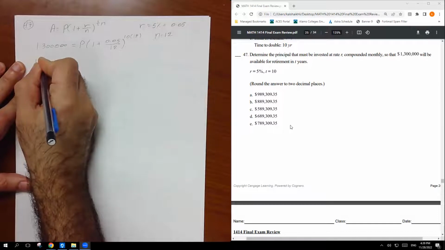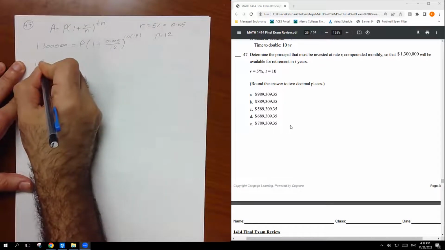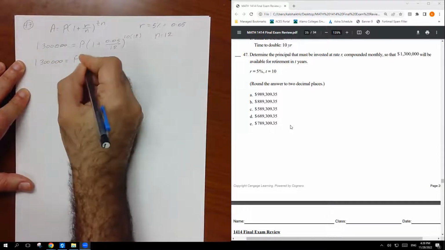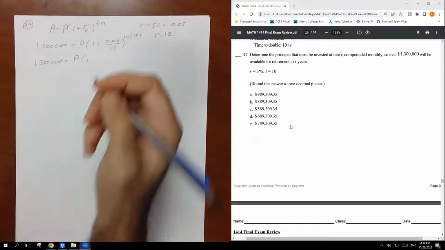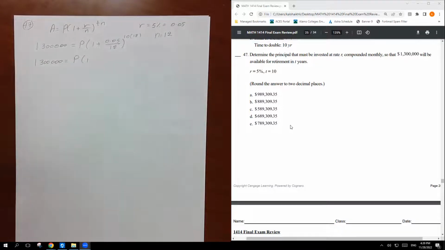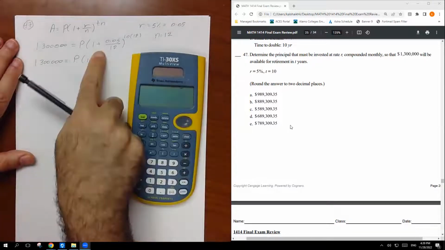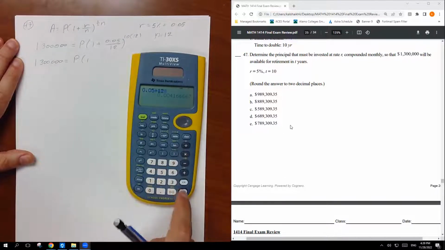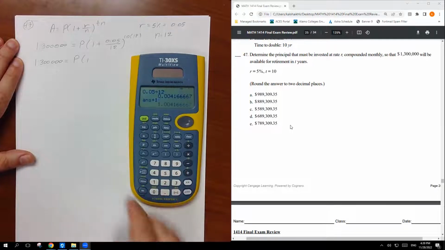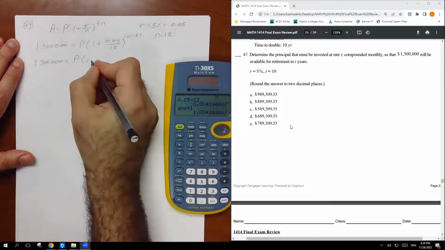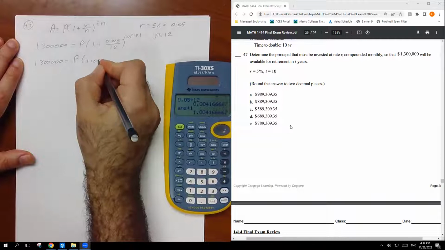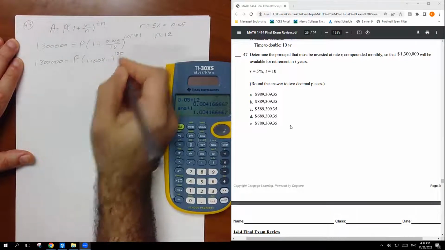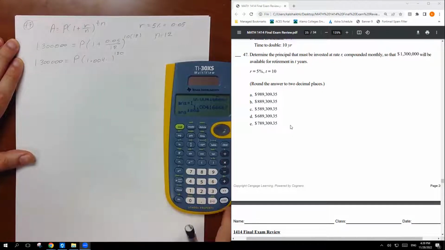That means 1,300,000 equals P(1 + ...). Let's simplify everything here. 0.05 divided by 12 added to 1 is going to be this number, 1.004. I'm going to raise this number to 120.